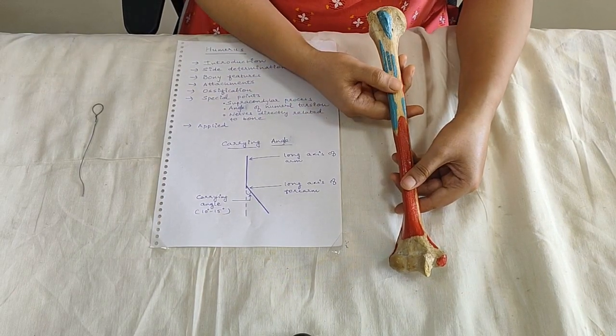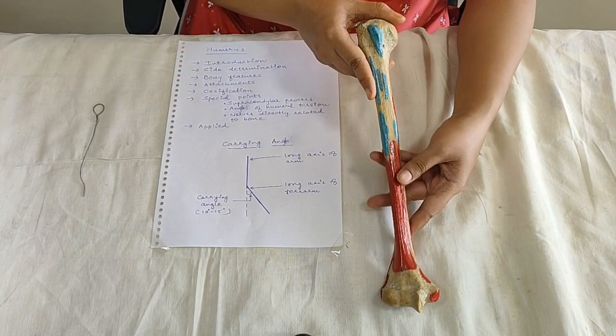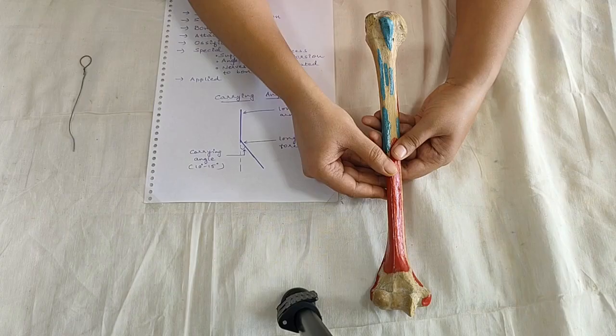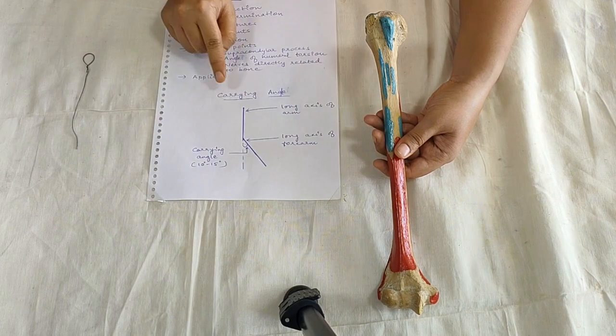Second point, the angle of humeral torsion. The long axis of the upper end of the humerus and the long axis of the lower end of the humerus are not in the same plane, but there is an angle, called the angle of humeral torsion, which is around 164 degrees. Third point, the carrying angle.